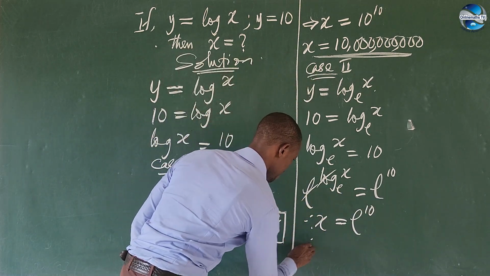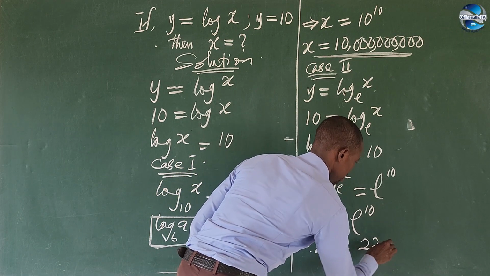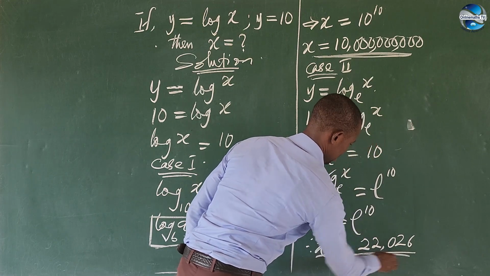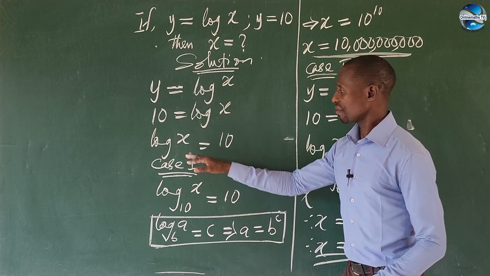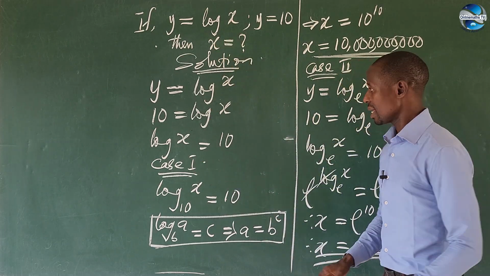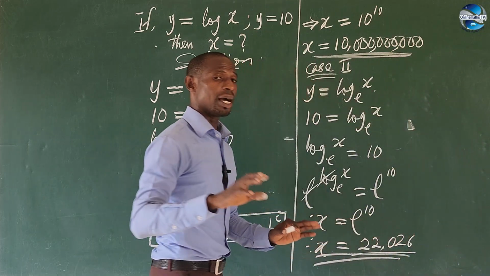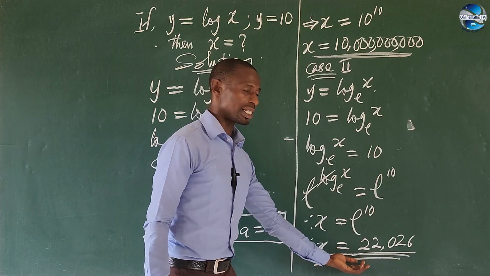So we now have x is equal to 22,026. This is the second value. So if you made the mistake of assuming x to be only base 10, then you end up having just this solution, and if it is a common entrance exam, you may not see this answer there. You may have this there.